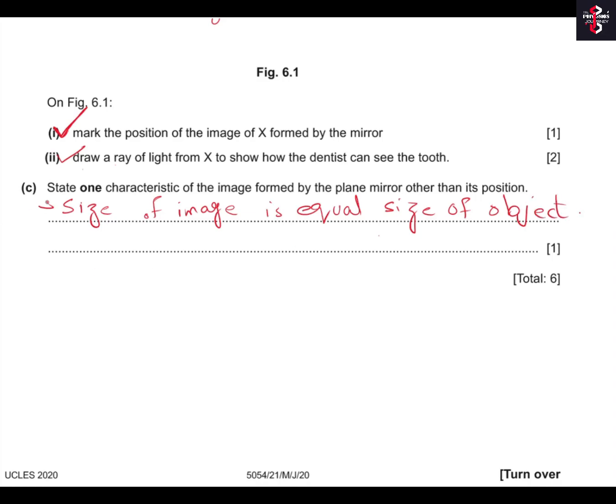We also can write other characteristics such as that the image formed by the plane mirror is virtual and inverted.